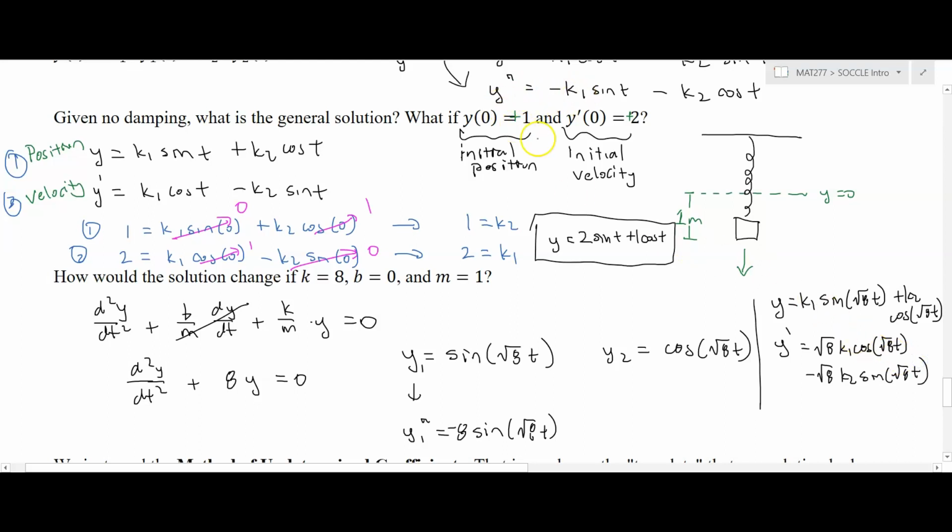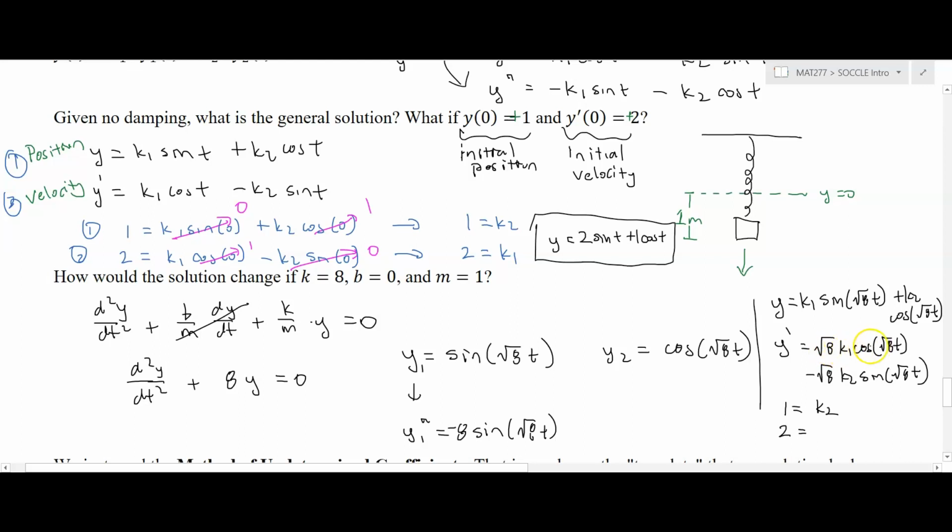And now again, I'll plug in my initial conditions. For my position, 1 equals, the first term is k1 sine of 0, which is just 0, plus k2 cosine of 0, which is just 1. For the second equation, y prime is 2 at time 0.